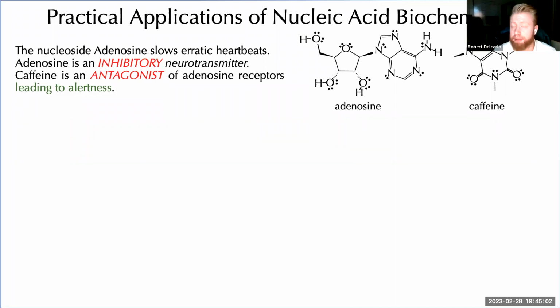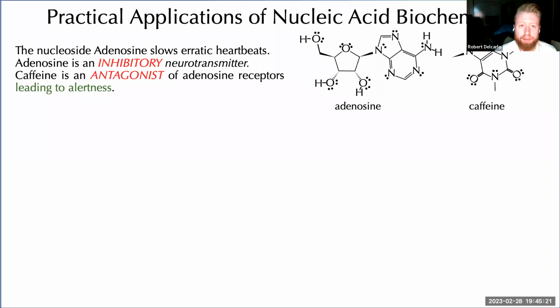Technically, it'll stop it for about 6 seconds, and then the heart will come back online, and hopefully that person will have cardioverted out of that abnormal arrhythmia, usually for something called SVT, supraventricular tachycardia.